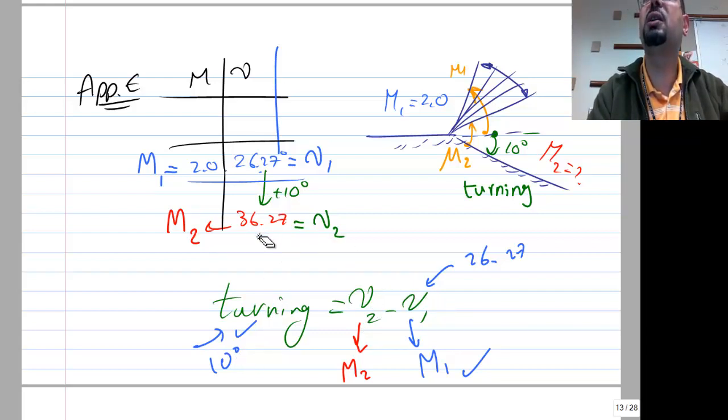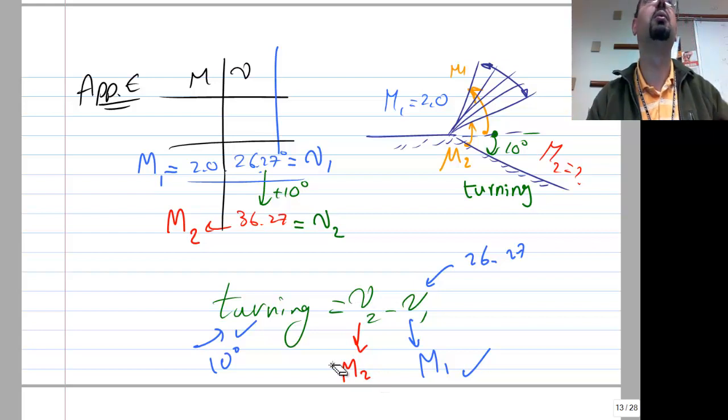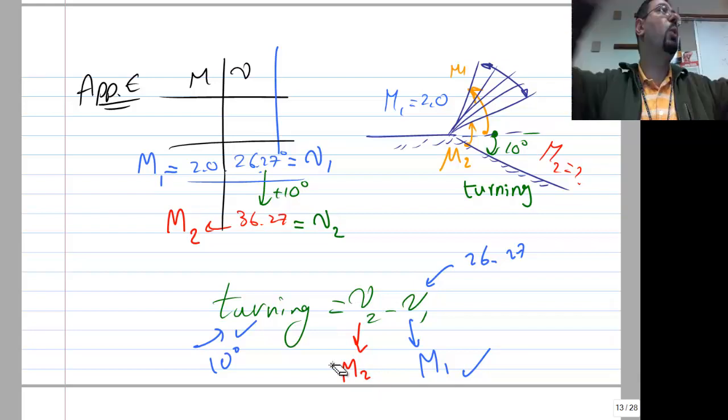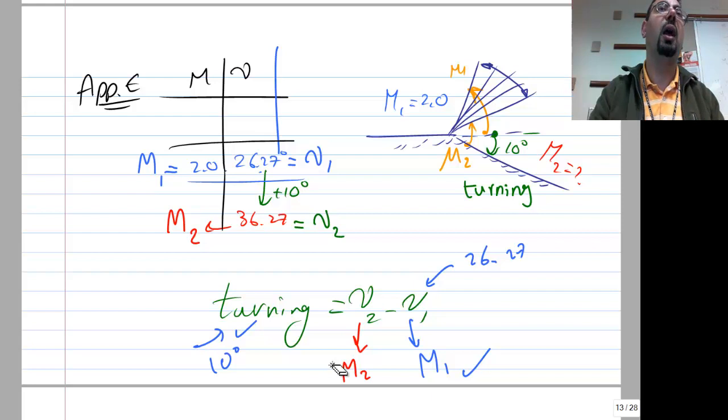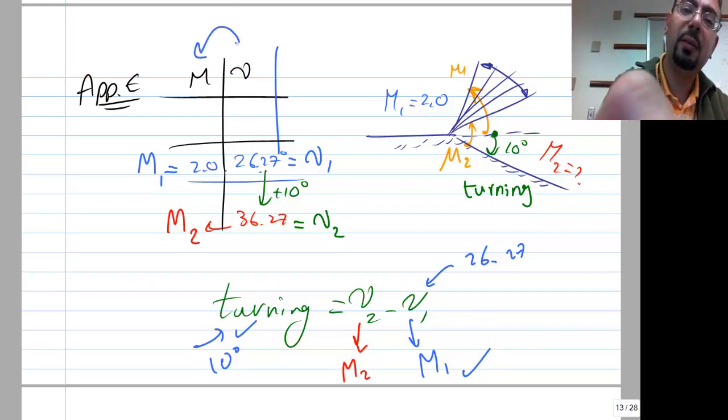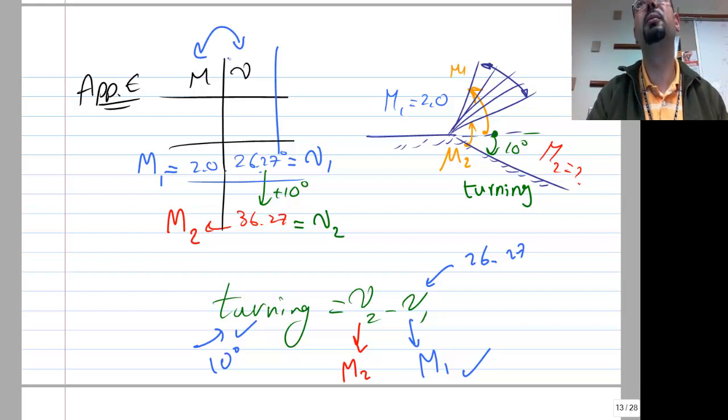So nu2 is 36. Once you have this as 36, you go to the table and calculate M2. So this one equation, he will give you 2 values in it, and you will calculate the third. The table is just there to make that conversion between the angle and the Mach number. Is that clear?